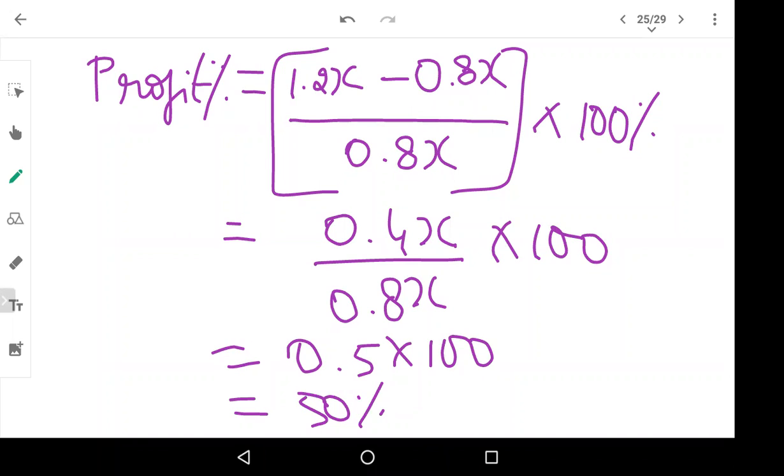Therefore, the profit percentage is 50%. Did you all understand? Were you all able to follow?